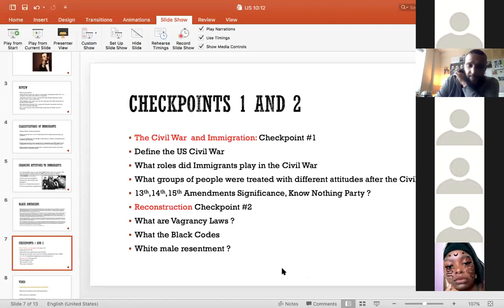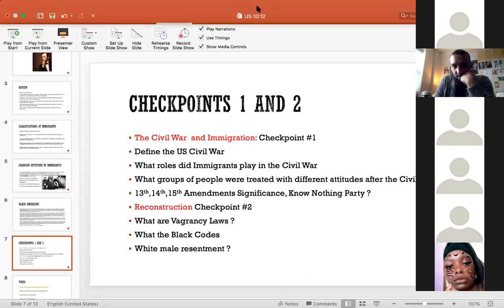We know that immigrants played a large role in the Civil War. What groups of people were treated with different attitudes after the Civil War? What was the first group of people that we mentioned? These folks up here.